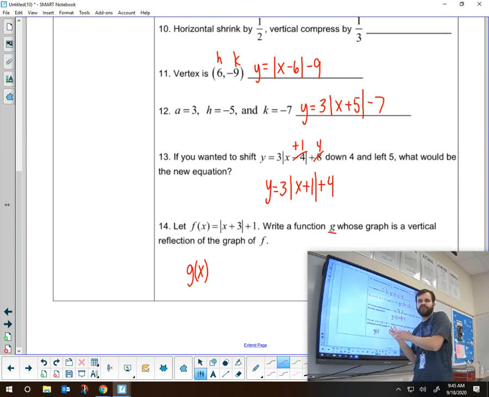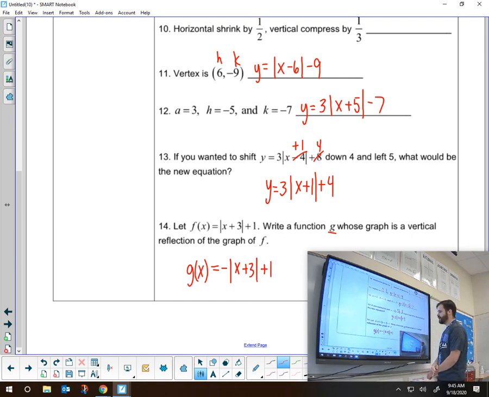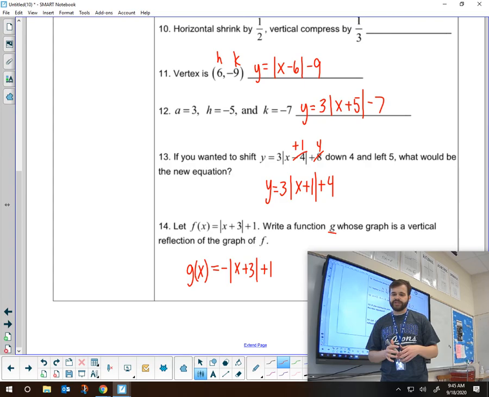It's just a name for our graph. We're going to go g of x equals negative absolute value of x plus 3 plus 1. All right, guys. Well, that is our transformations.